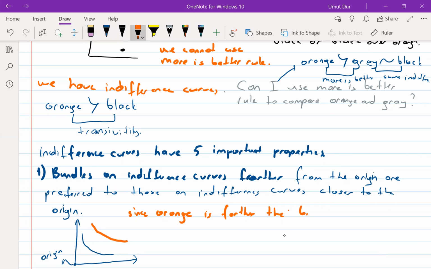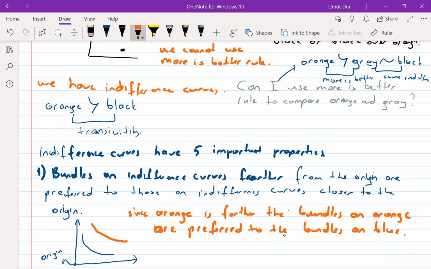The bundles on orange are preferred to bundles on blue.